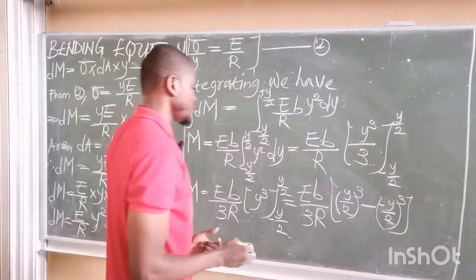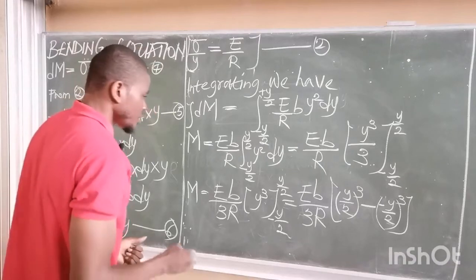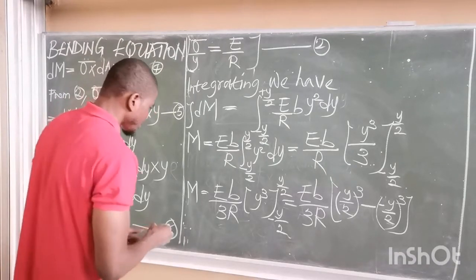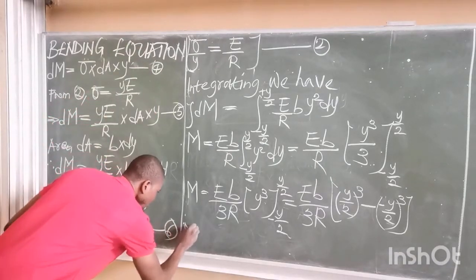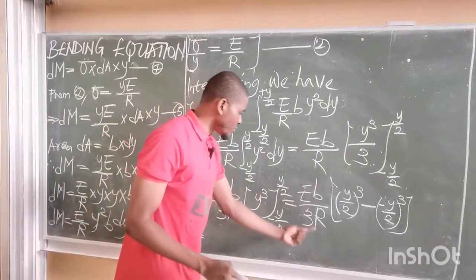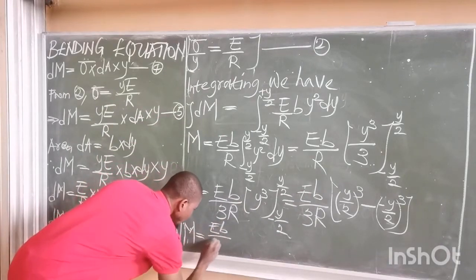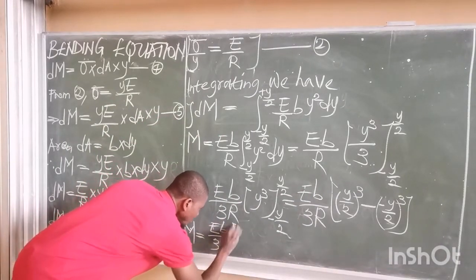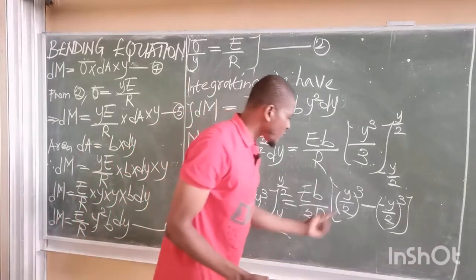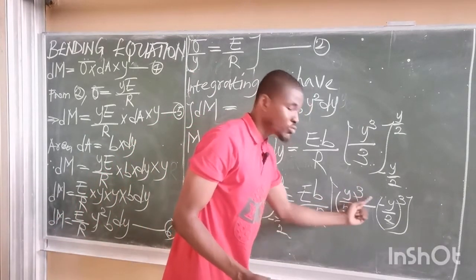So moment M is now equal to E B over 3R into, of course, if you cube all this, it simply means y cube over 2 cube.